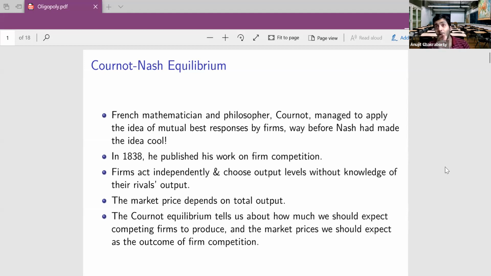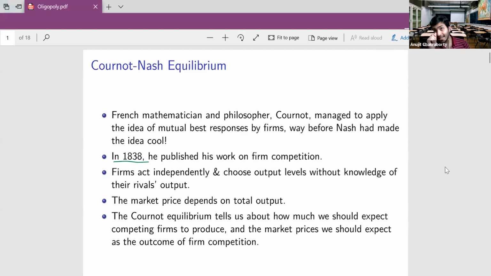Okay, then, so let's start with Cournot Nash. Cournot was a person. In fact, this person was a French mathematician who was writing in the early 1800s, the 19th century, in fact. And he was already thinking about a way of modeling firm competition.